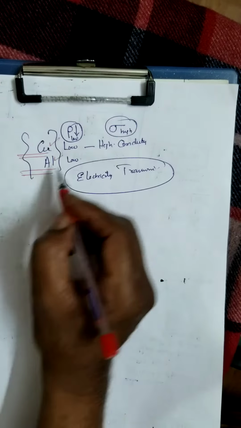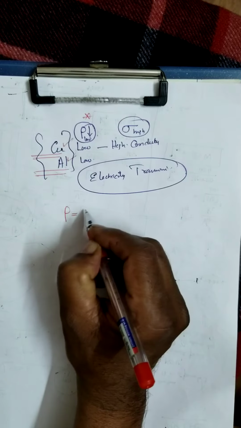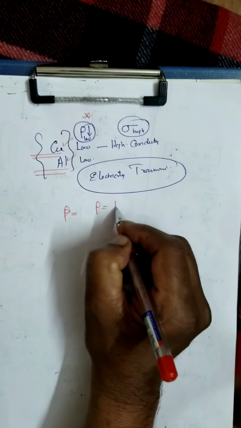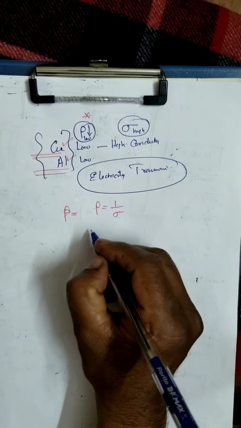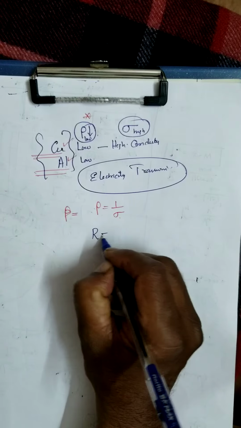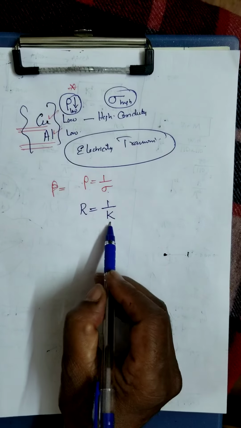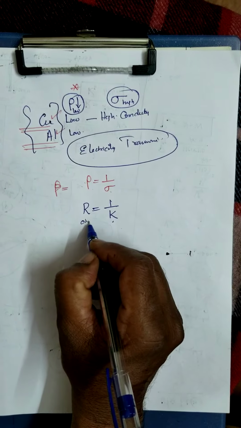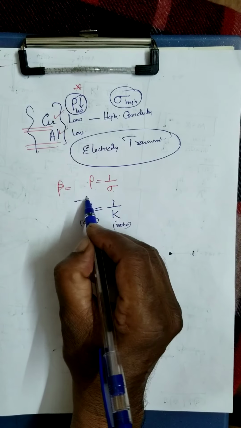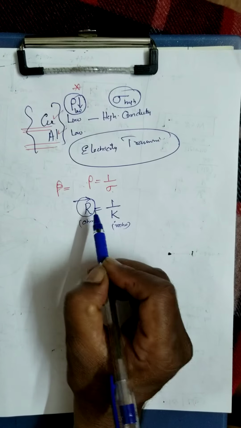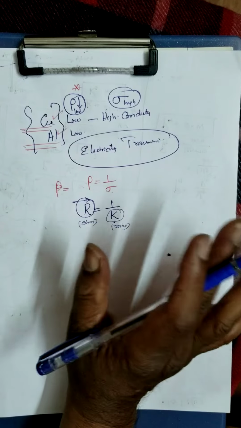Low resistivity. And very, very important, resistivity and conductivity are inversely related. See, if R is the resistance and K is the conductance, the unit of resistance is ohm, and the unit of conductance is mho. Resistance is a measure of opposition, and conductance is a measure of conduction.